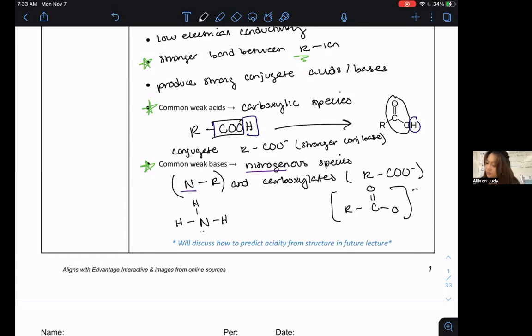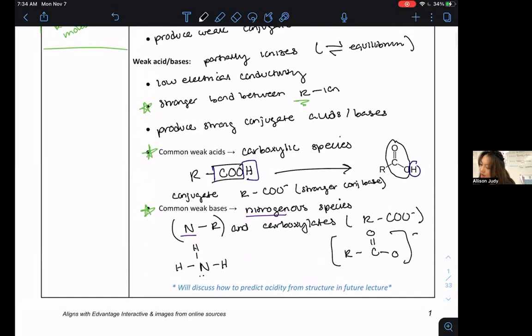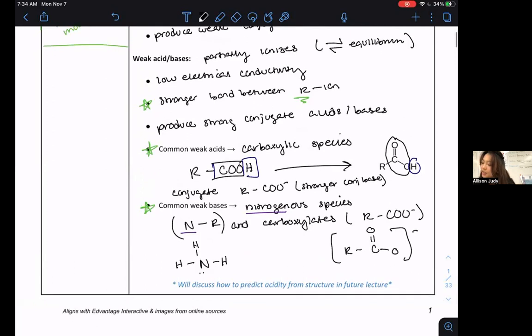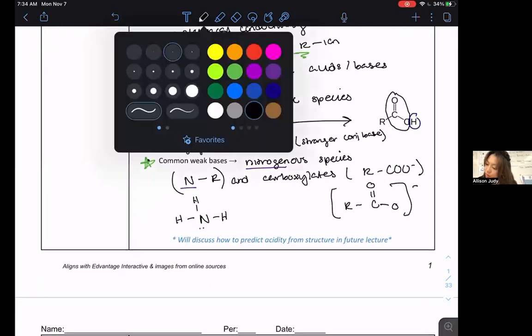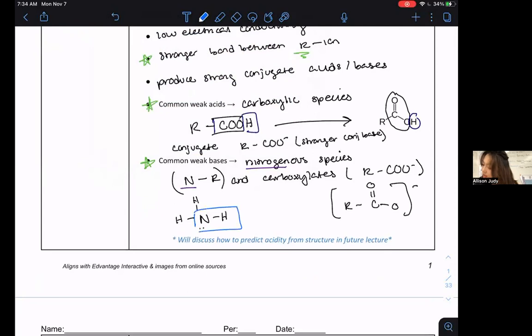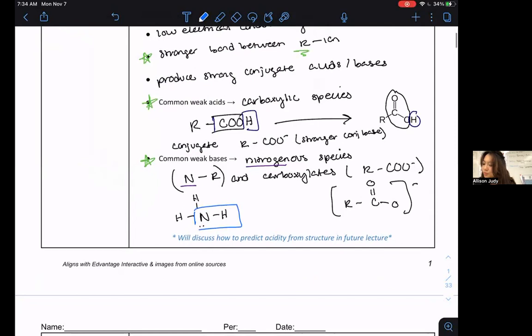So NH3, right? So that would be saying that for weak bases, we see that they have a stronger bond between the R and the ion. So what we see is that there's a pretty strong bond between this N and this H, or really any H. And so it's not really going to, well, first of all, if it accepts an H, it doesn't, from the base point of view, it doesn't really want another H because that pushes it into an ion, a charged state, right?